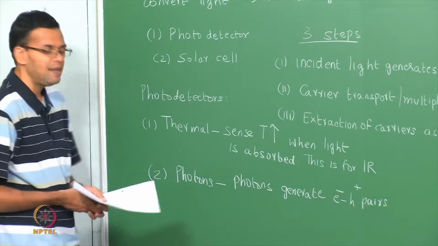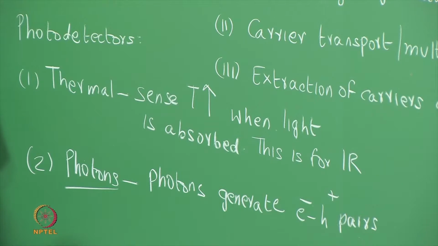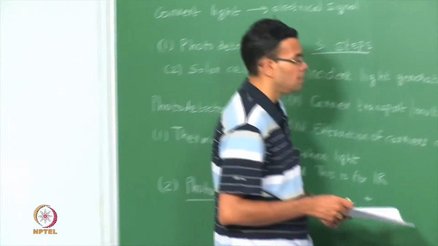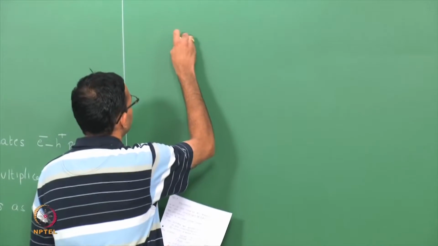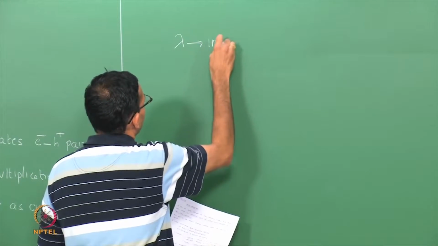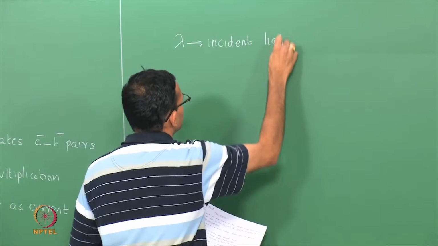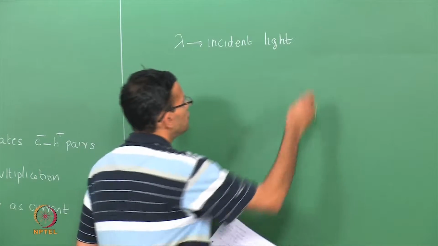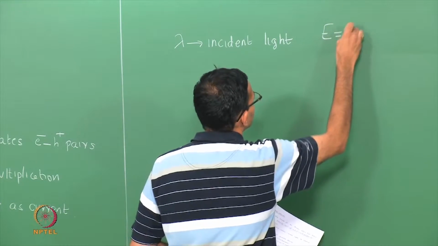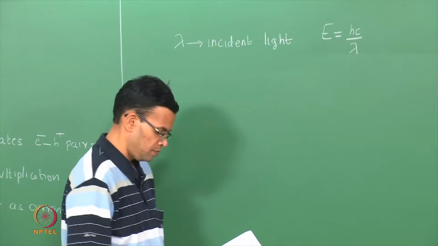Now, we will be mainly dealing with the second type of photodetectors, where your photons generate electron hole pairs. So, consider incident light on your material of wavelength lambda. The energy of this radiation, of course, we have seen before, is nothing but hc over lambda.